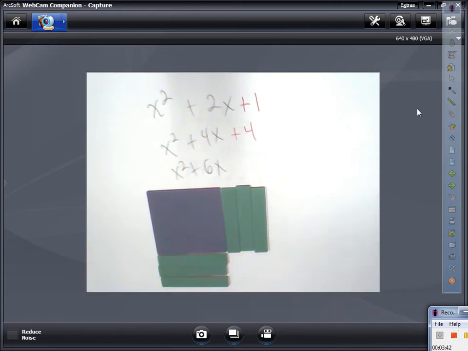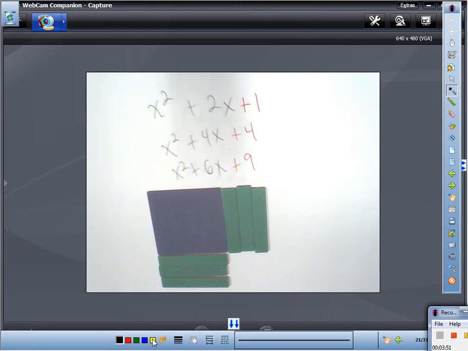Yes? And what is it that I need to complete the square? Plus 9. So, let me show you here for those of you that don't see it. There's 3 of these this way, 3 of these this way, and there's 1, 2, 3, 4, 5, 6, 7, 8, 9. We good?